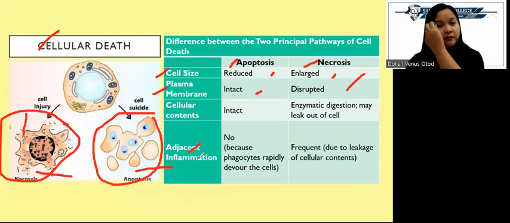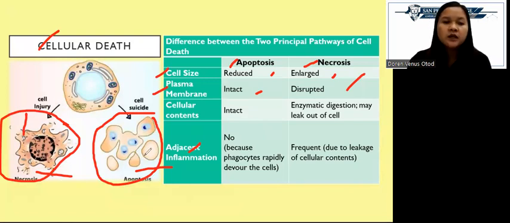And for the inflammation, or adjacent inflammation: when you say adjacent inflammation, are the neighboring cells also infected or affected? For apoptosis, there is no adjacent inflammation, because it will be consumed phagocytically, eaten by the neighboring cells.